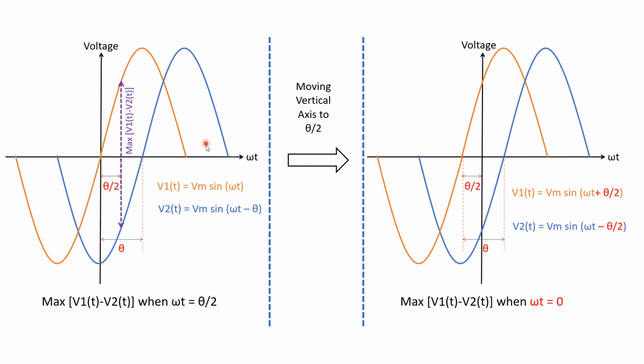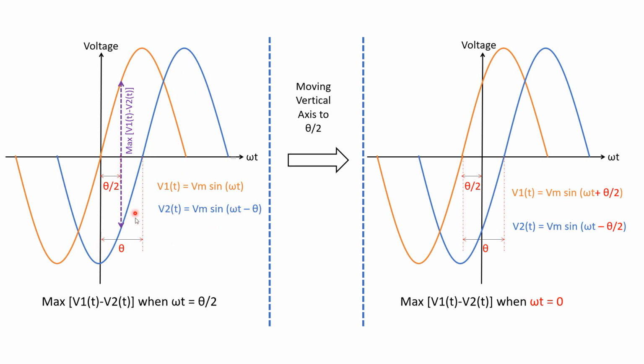So one way of playing mathematically with that is, instead of two waves, we say that one of them is sine omega t, the orange one, and sine omega t minus theta, the blue one.